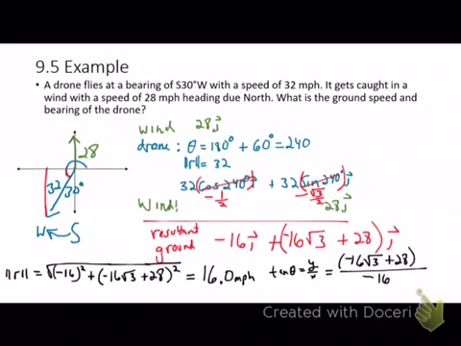When we work that out, we take the inverse tangent, and we end up getting our theta equaling -1.028. But that doesn't really make any sense.